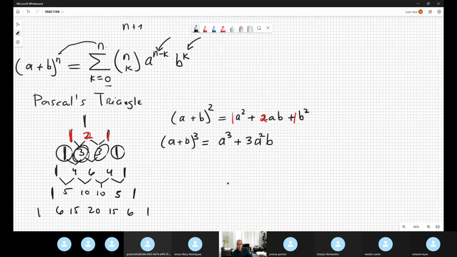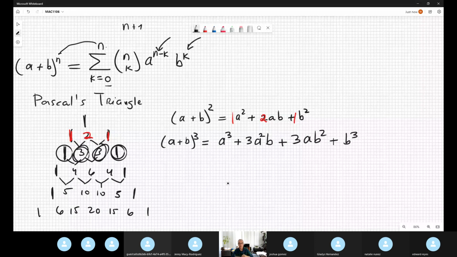Therefore the next is also another 3, a to the 1, because 3 minus 2 is 1, and b squared, plus 1, the last one, is b cubed. Do you understand?